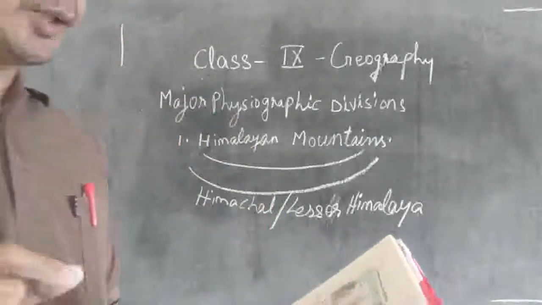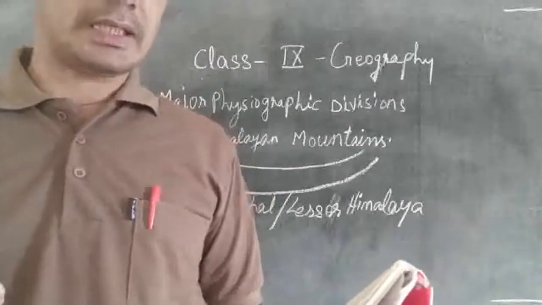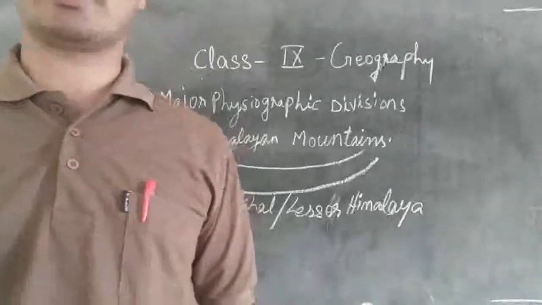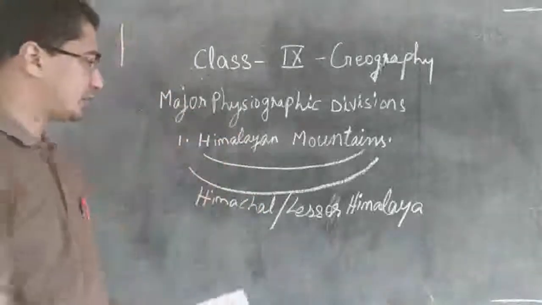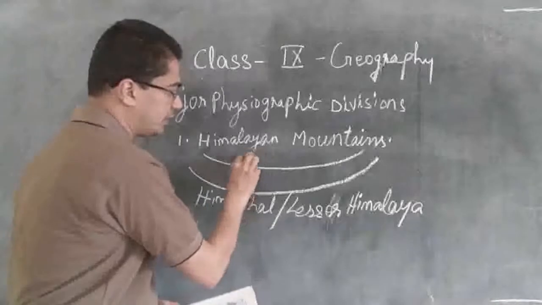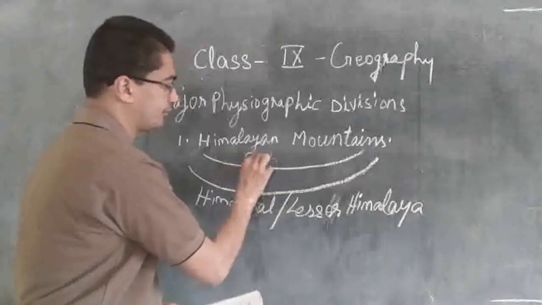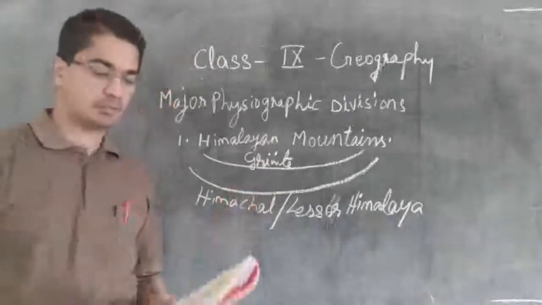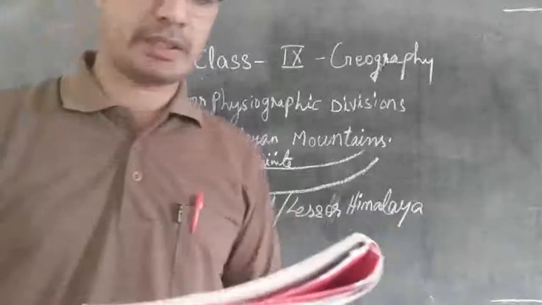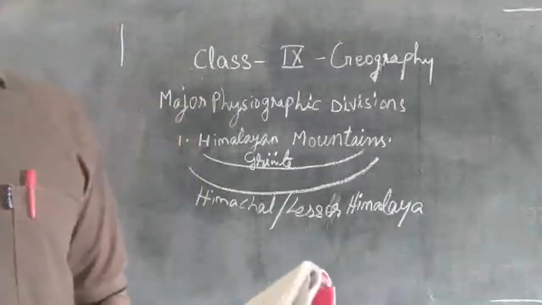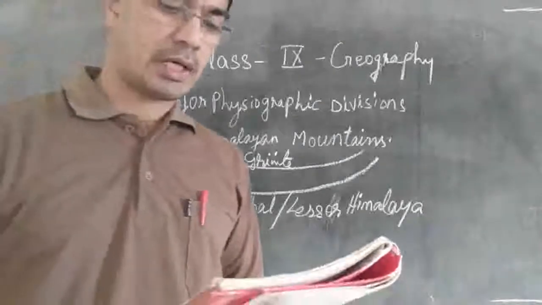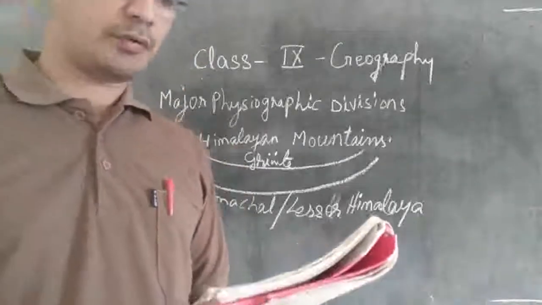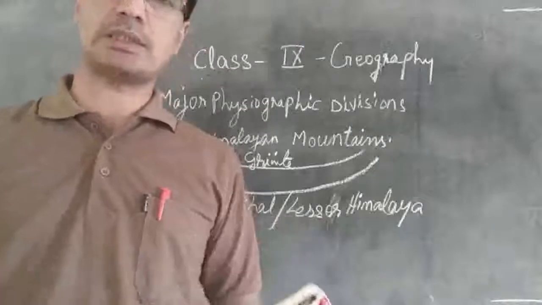The ranges are mainly composed of highly compressed and altered rocks. We said the top layer was filled with granite, but here it is composed of different materials. That is, highly compressed and altered rocks.